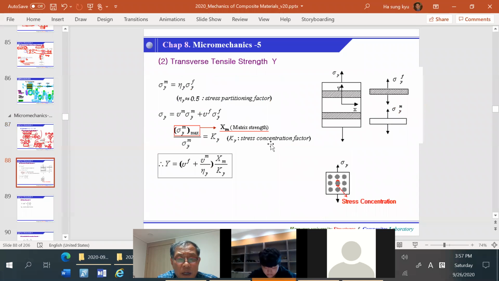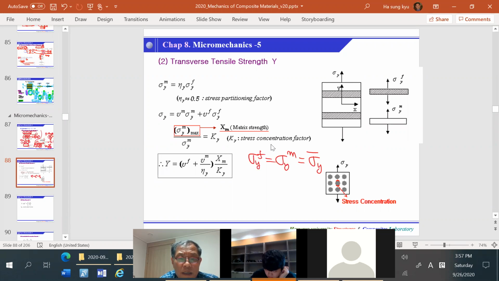And also y directional failure. Remember, we have the sigma y fiber and sigma y matrix, and they equal sigma y, right? So the stress amplification factor is always 1.